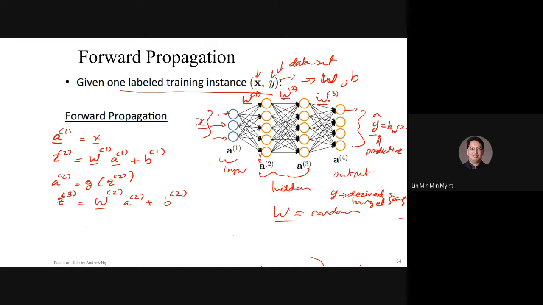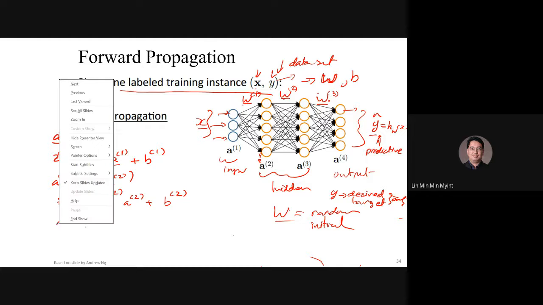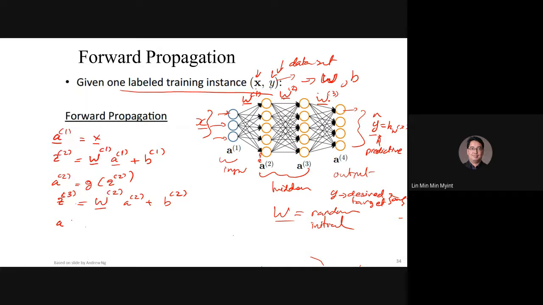Actually, these W are just initial numbers. After that we calculate A3.